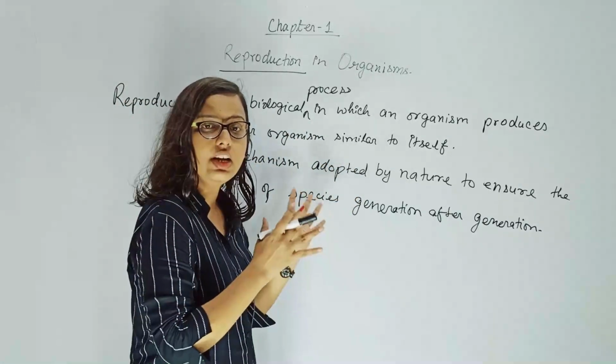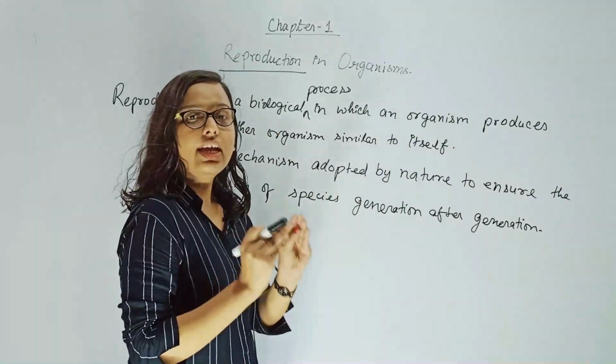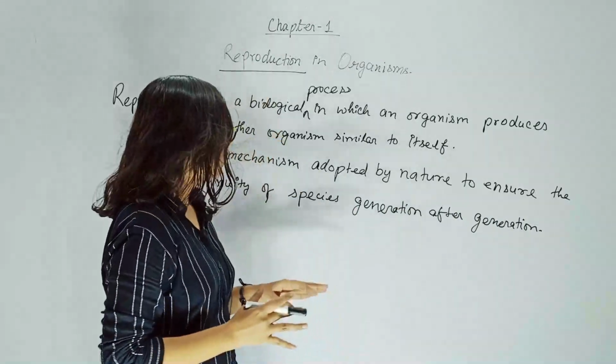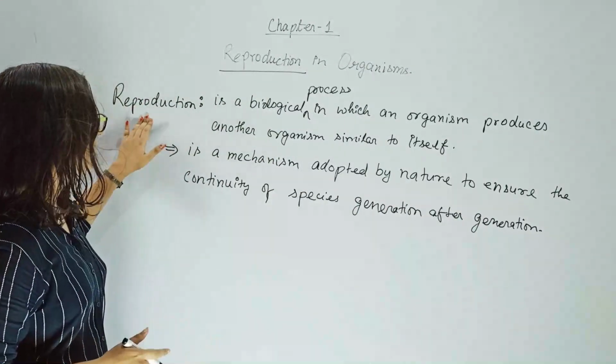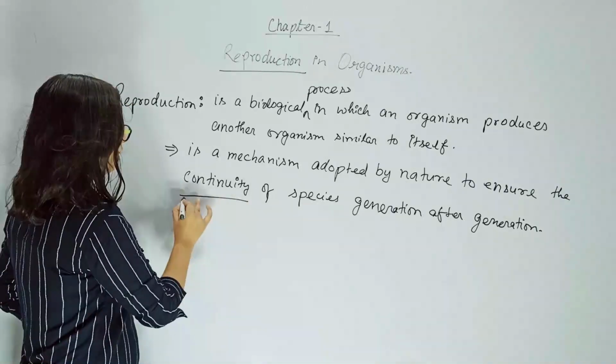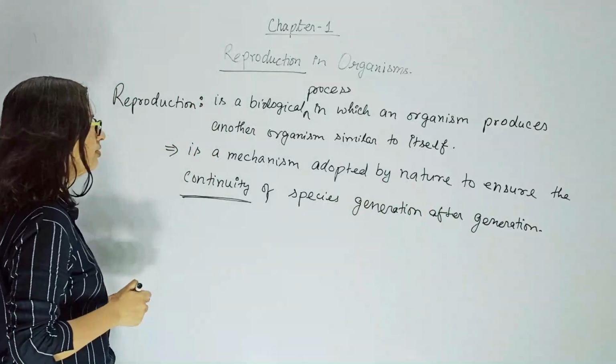The dog species will live forever on this planet until any natural calamity occurs and the whole Earth is destroyed. So the purpose of reproduction is to ensure the continuity of species generation after generation.